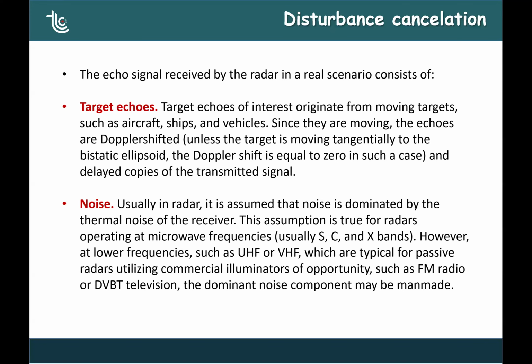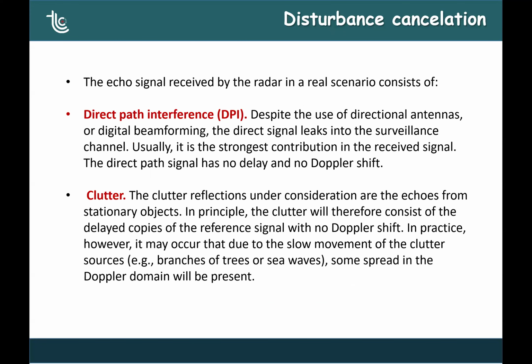Of course, also the direct path interference has no delay and specifically no Doppler shift. Why? Because it comes from an antenna, from a platform that is still. This is the scenario that we are analyzing. Since the beginning, we said the receiver and the transmitters are still, so only the targets are moving.